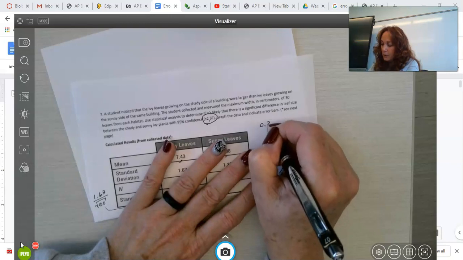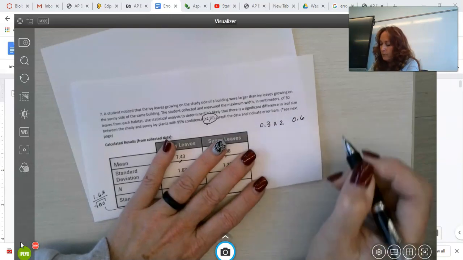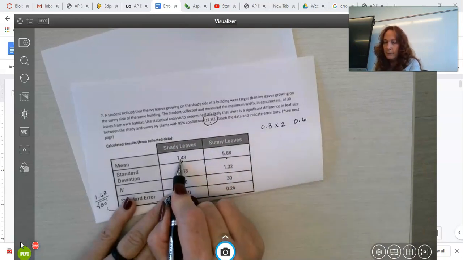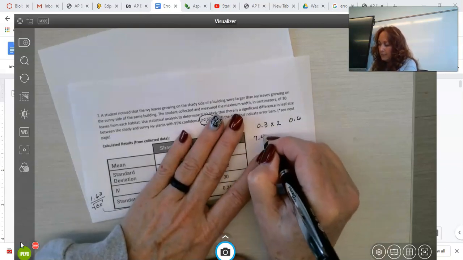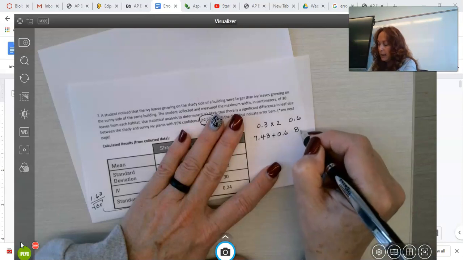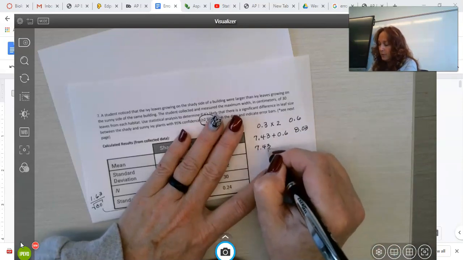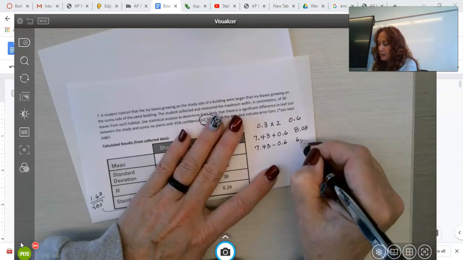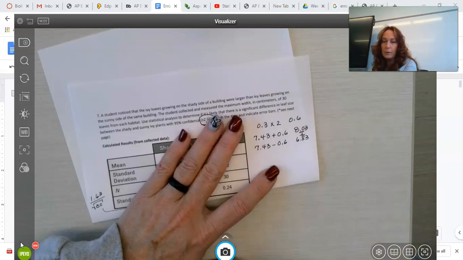If our standard error is 0.3 and we go 2, our error bars are going to be 0.6 above 7.43. So I would take 7.43 plus 0.6, and I get 8.03 as my top. And I take 7.43 minus 0.6, which is what? 6.83, and that's going to be the range of my error bars.